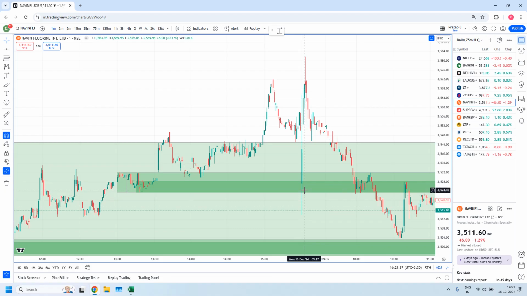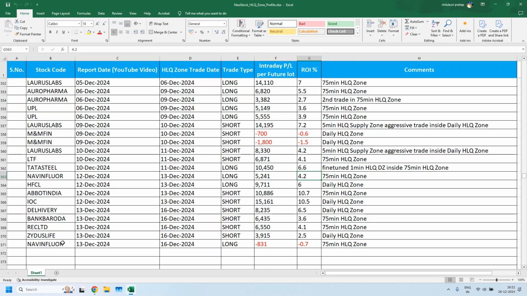So I have to register in our Excel calculations the performance of our HLQ zones. That way Navin Fluorine has given an 831 rupees loss, which is 0.7% negative ROI. It's a minimal loss compared to all these profits.